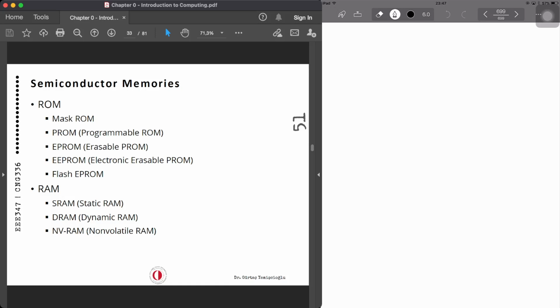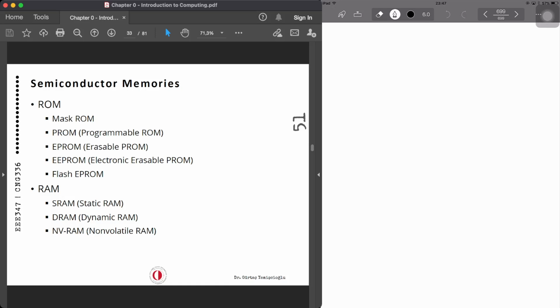So that means the number of locations within a memory circuit is always equal to 2 to the power of the number of address pins. Therefore, the total number of bits that the memory chip can store is equal to the number of locations times the number of data bits per location.